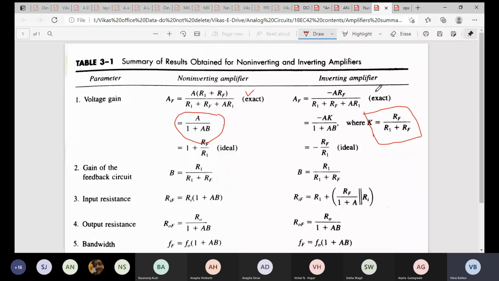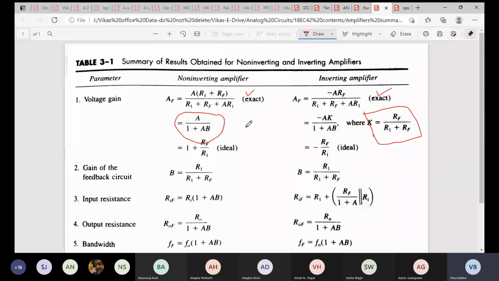That is my exact equation. Please be very careful in these things. When you say the terms exact equation and exact circuit, this is different from your general equation. Now for the approximation, we said that A times R1 is much greater than R1 plus RF.